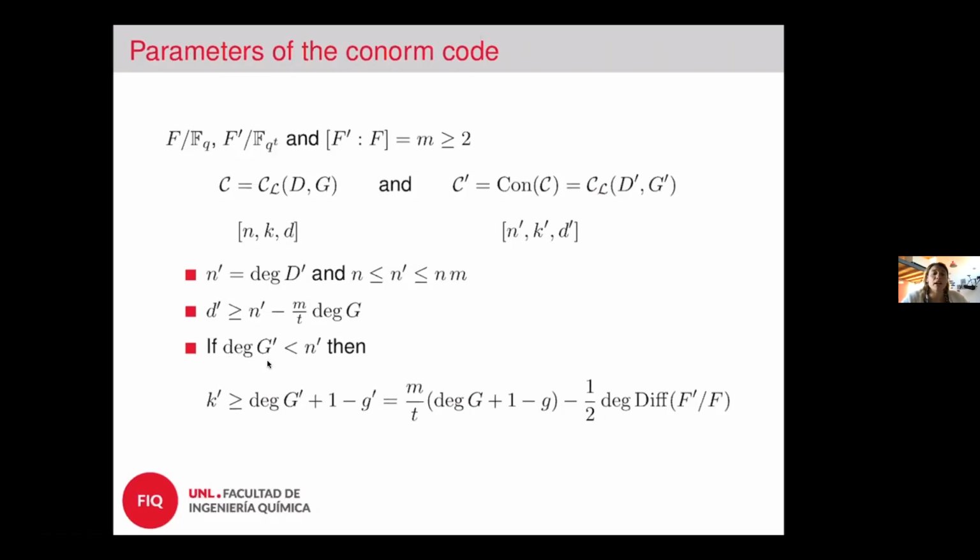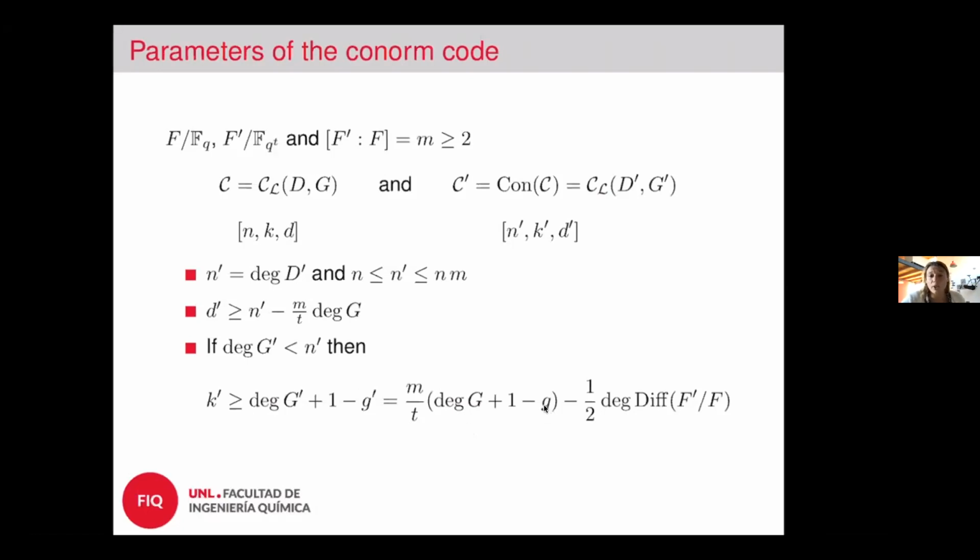And if our new code is a moderate HG code, then we have this bound for the dimension. And using the Hurwitz formula for the genus, where this denotes the genus of F prime, we can get this expression for the bound of the dimension of the new code.